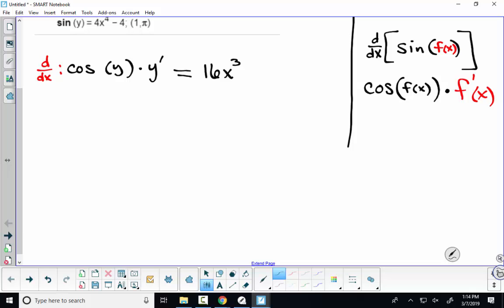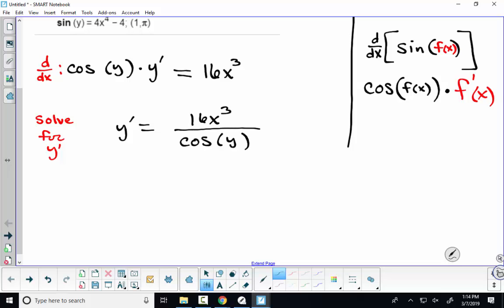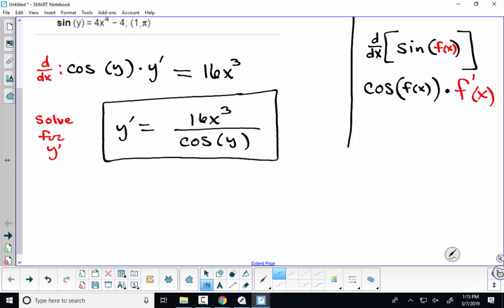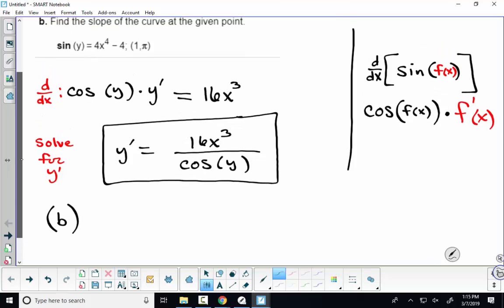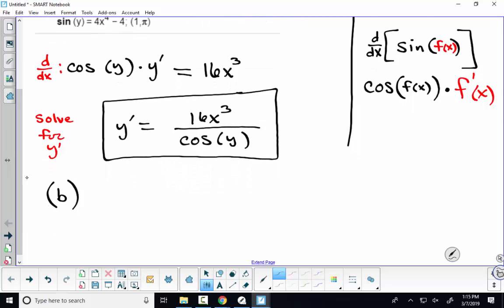Okay. Then we solve for y prime. The y prime is 16x cubed over cosine y. And then part B says to find the slope of the curve at the point (1, pi).